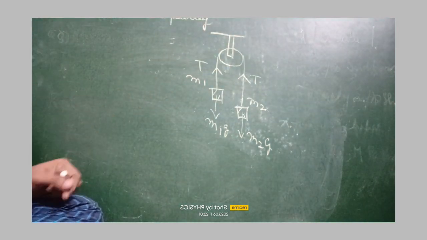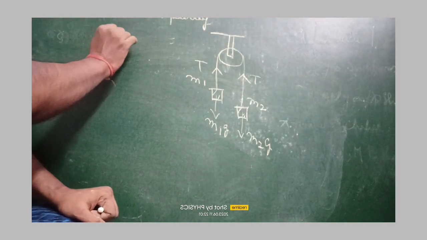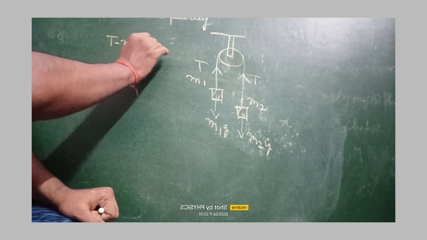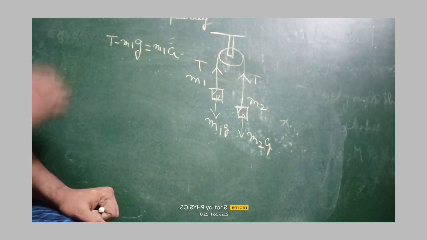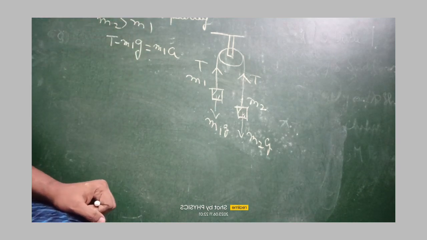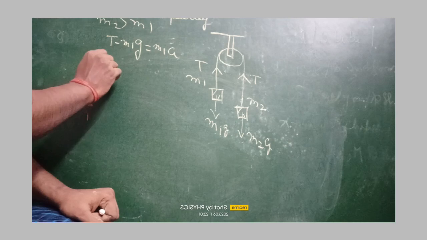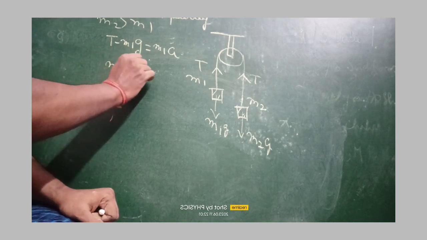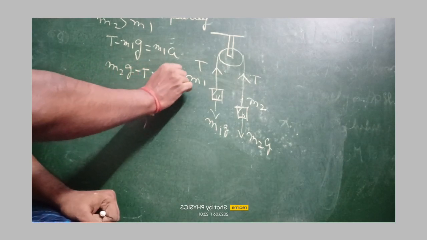For the first body, we write T minus M1G is equal to M1A, where M2 is greater than M1. And for the second body, M2G minus T is equal to M2A.